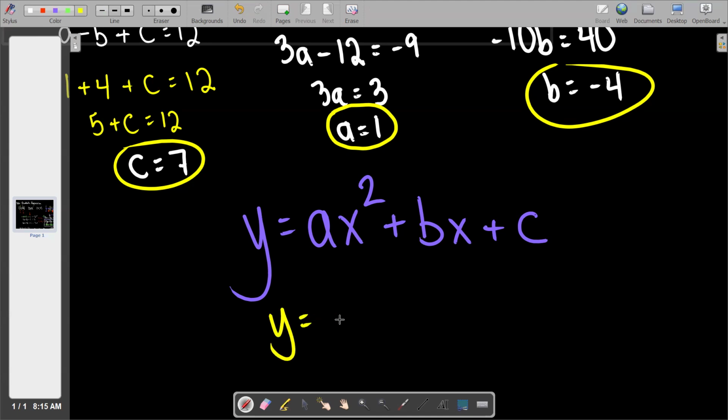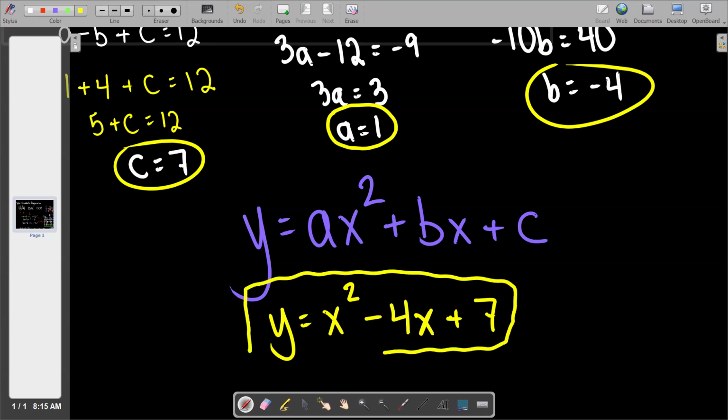Y equals X squared. B is -4, so we're just going to put -4x, and that is the equation. And it's fun to think that if you graphed that parabola, it would perfectly slice right through all three of the points that we started with.